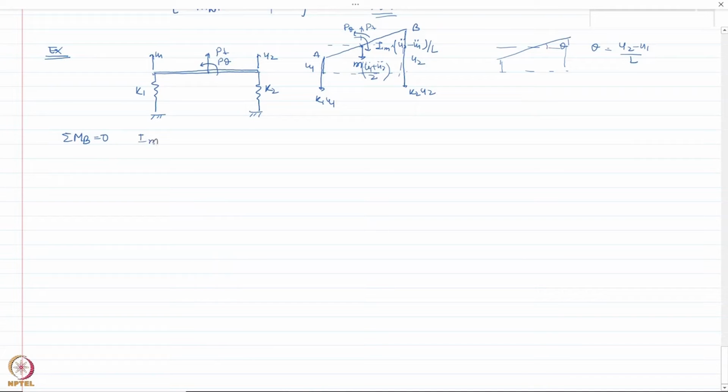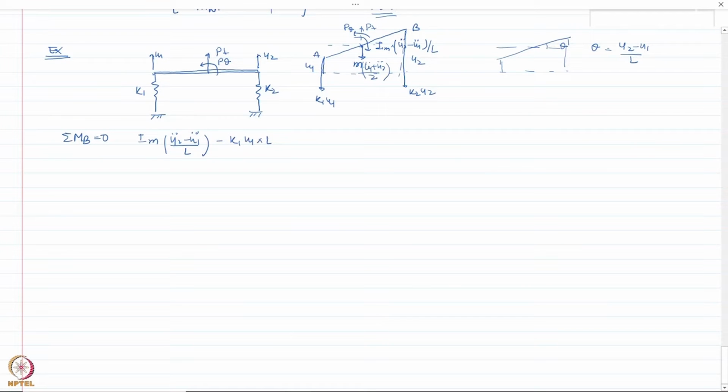Okay, so I will have Im times (u2 minus u1) divided by L, and this is basically clockwise. Then I have k1 u1 times L, which is anti-clockwise.